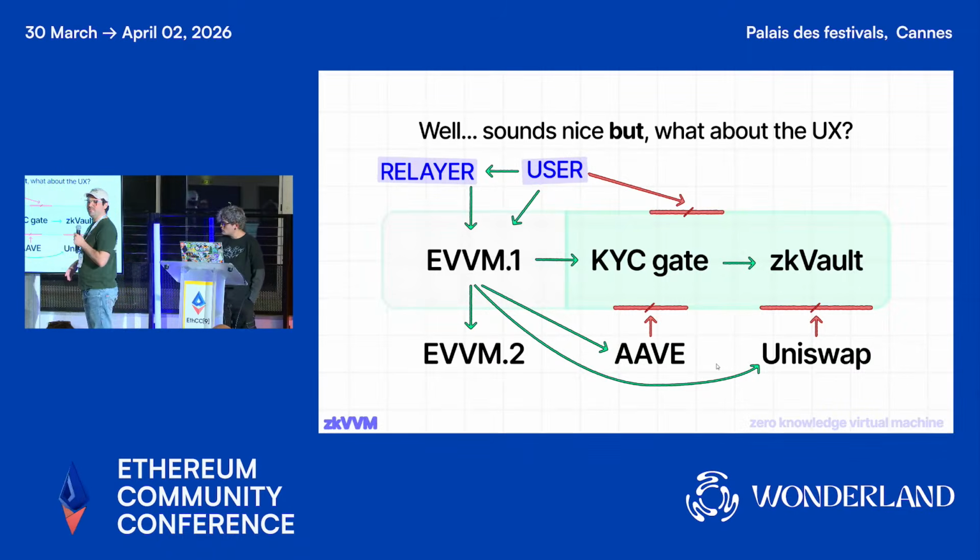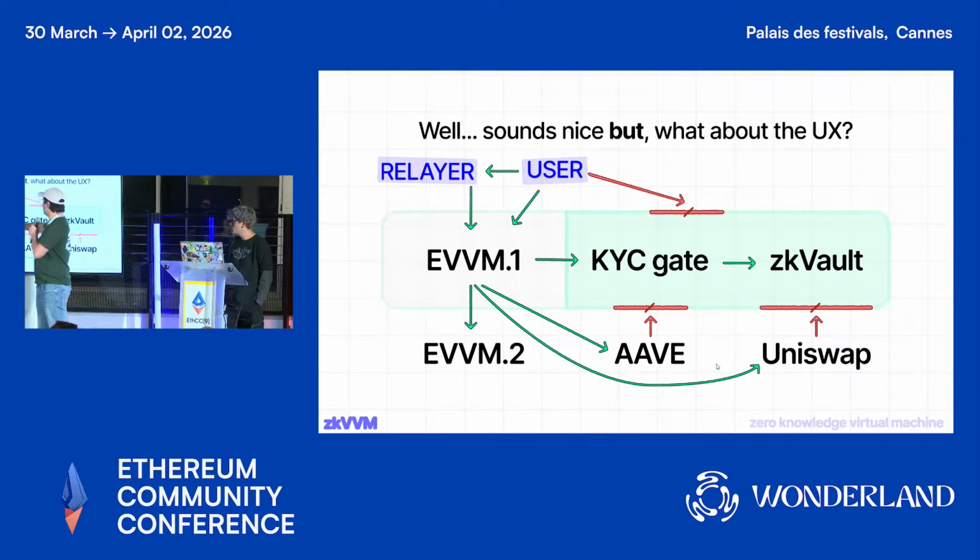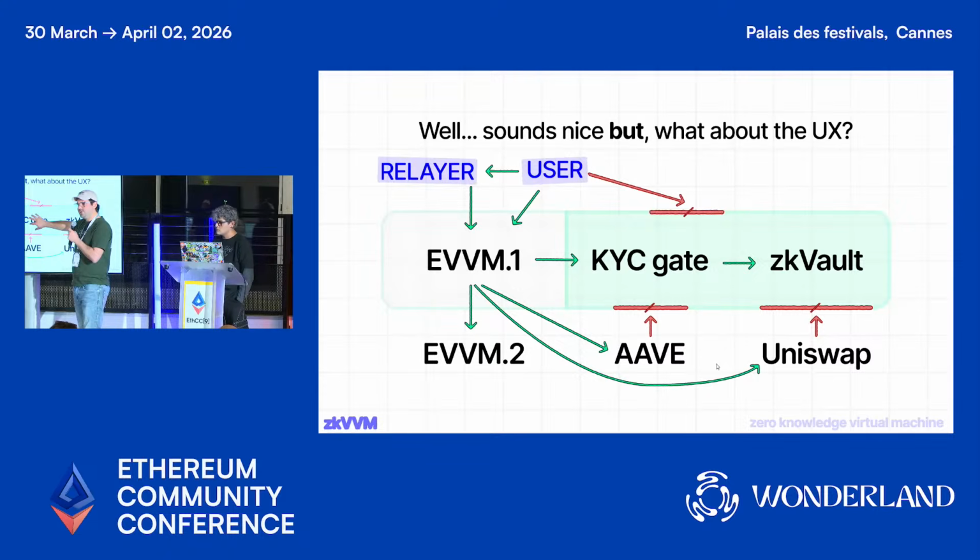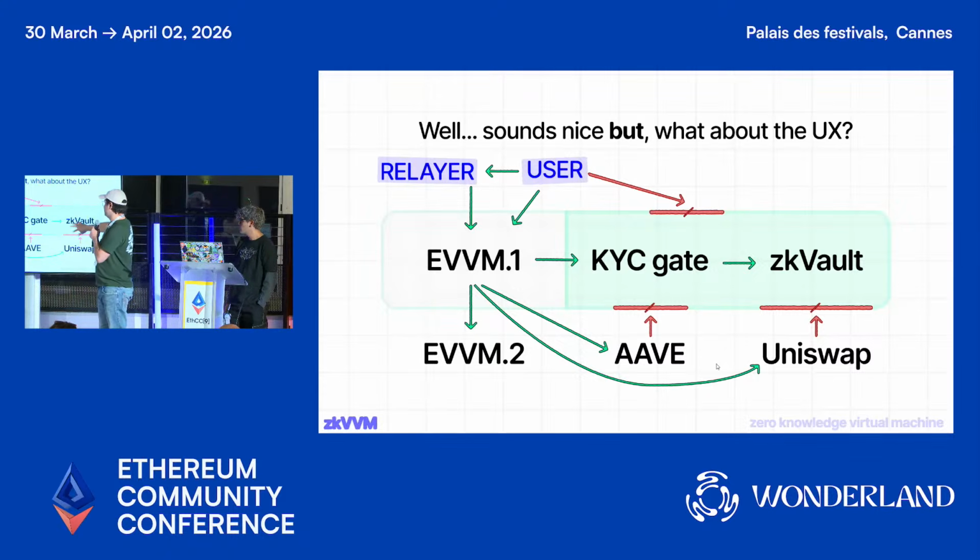Also, we have tons of pages of documentation, and we also have an LLMs.txt docs for agents, so you can load this into any agent and become a senior developer of EVM. So you go through here, you check the KYC for this user address, and if it's okay, they can interact with the ZK Vault and all the different services that the bank deployed for them.